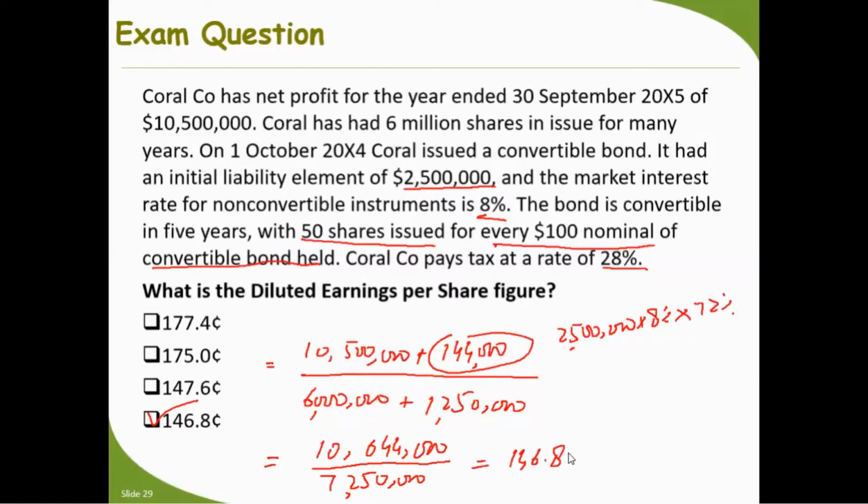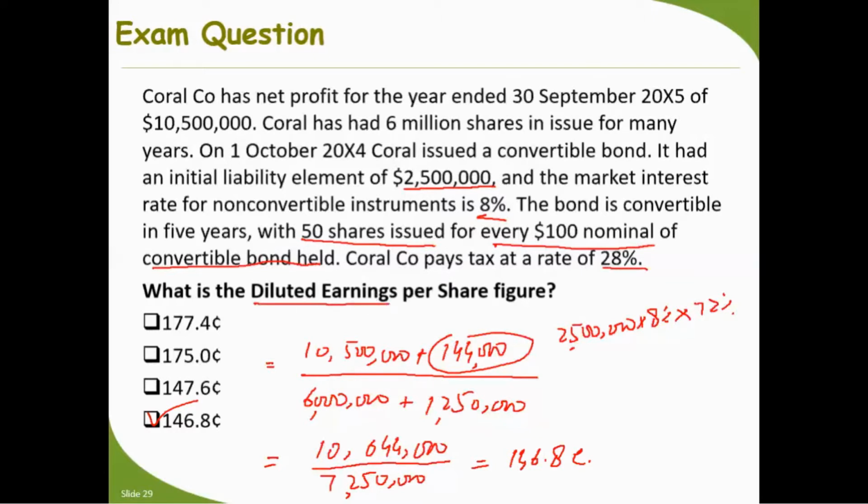We don't need to check for dilution or anti-dilution because the examiner is asking us to calculate diluted EPS directly. It means there is a dilution.